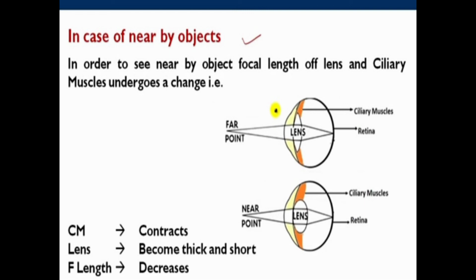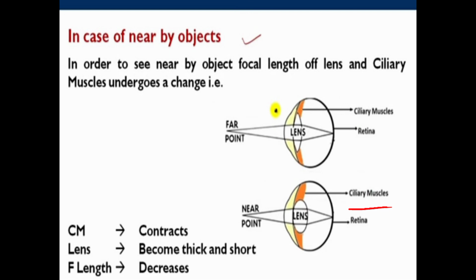Then in case of nearby objects, the focal length of the lens and the ciliary muscles undergo change. In this the ciliary muscles contract. It is the opposite of what happens for far off objects. The ciliary muscles contract and the lens becomes thick and short, and so the focal length decreases.